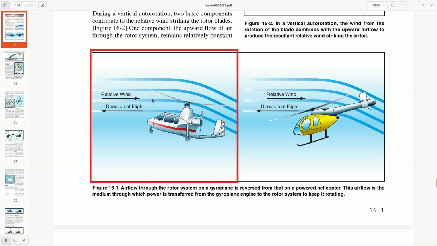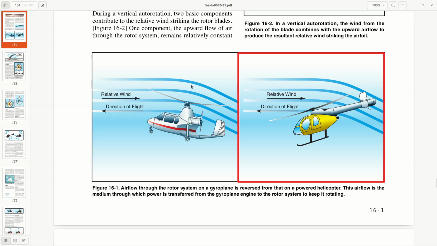So it's rushing upward, and that's causing the rotor to spin. We're going to talk in more detail about exactly how that works in a bit, as opposed to a helicopter. In a helicopter, the engine in the rotor is causing air to be sucked down through the rotor. And that's a big difference.